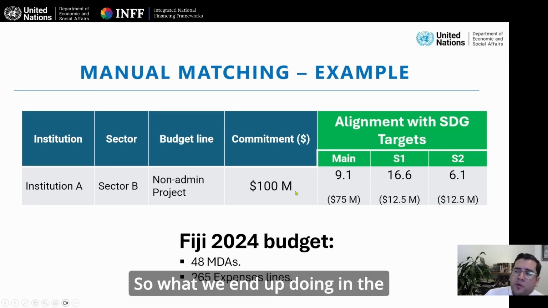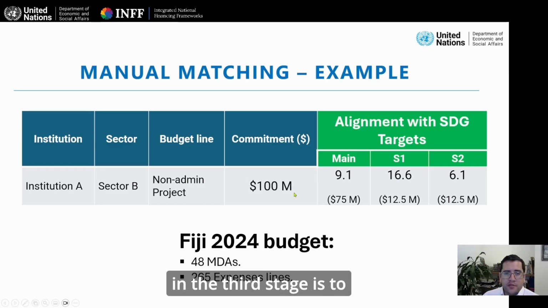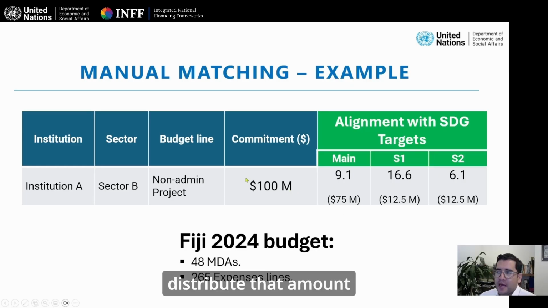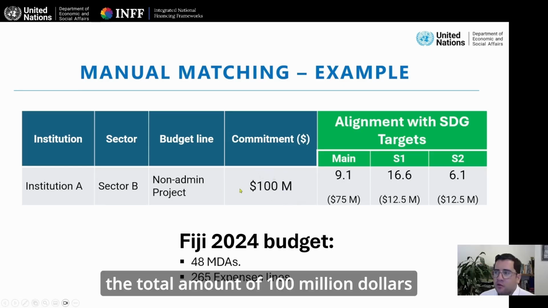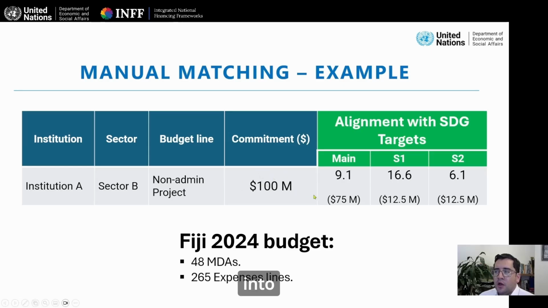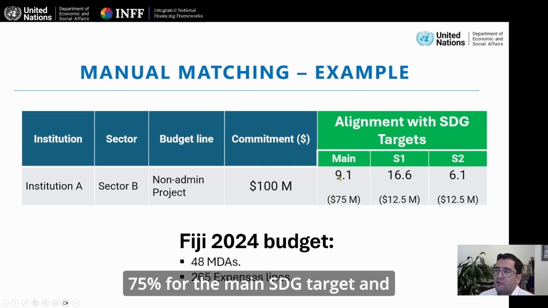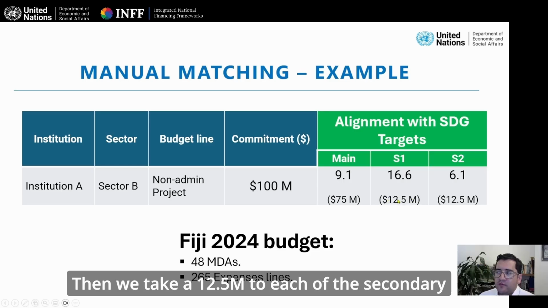So what we end up doing in the third stage is to distribute that amount, the total amount of $100 million, into $75 million, which is 75% for the main SDG target, and then we take 12.5 to each of the secondary SDG targets.